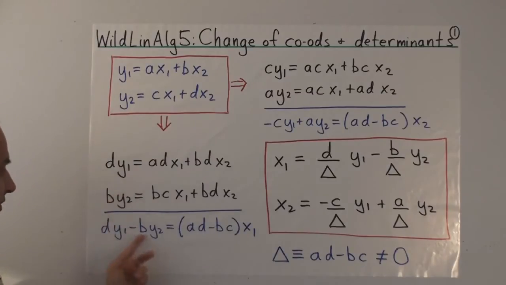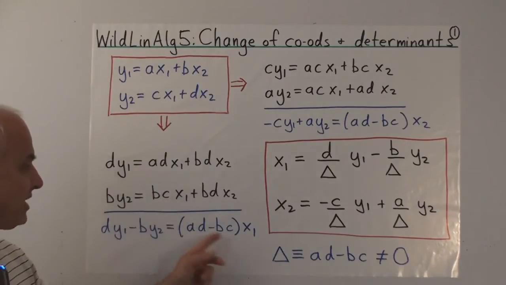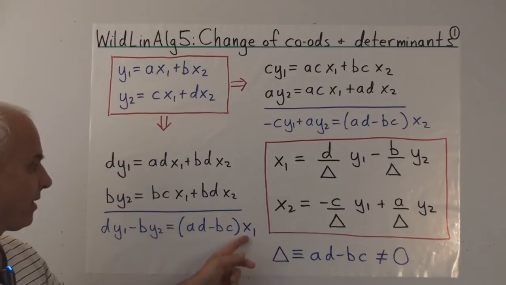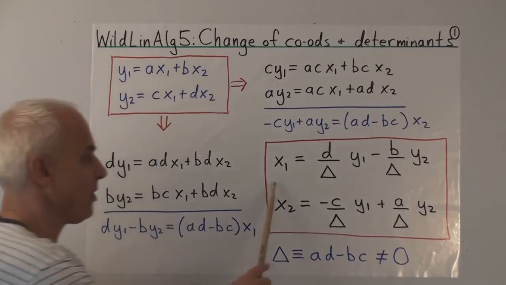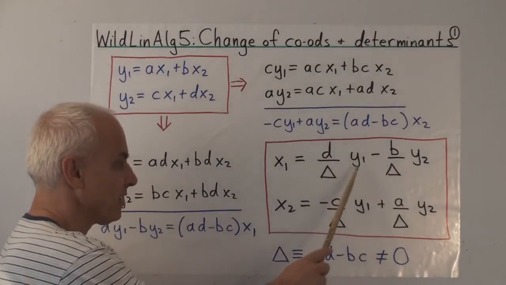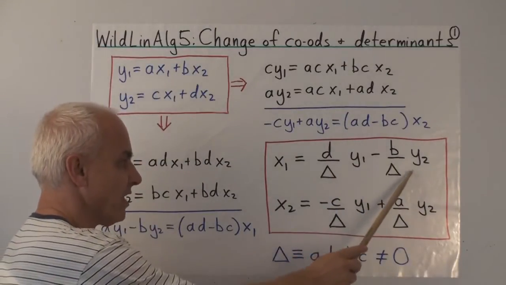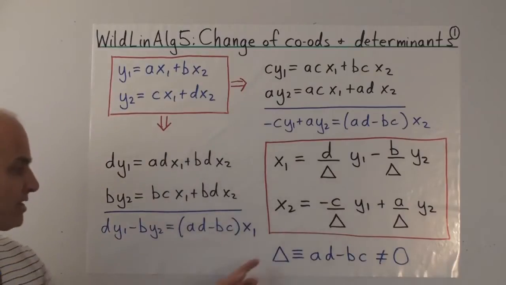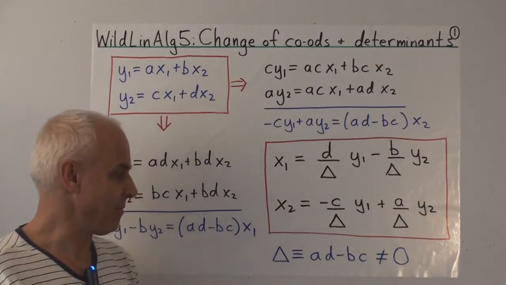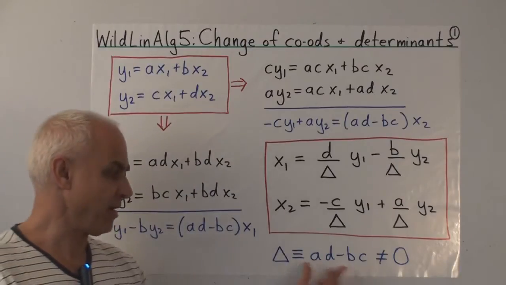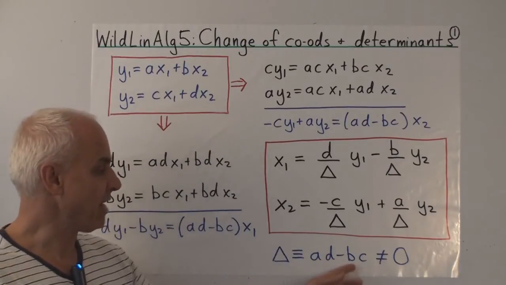Taking the difference gives us this equals AD minus BC times x1. And so we can solve for x1 in terms of y1 and y2, and this is what we get: d over delta times y1 minus b over delta times y2, where delta is this determinant type expression that we've seen already a number of times. It's an area kind of expression, AD minus BC.